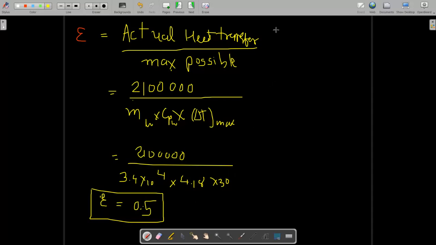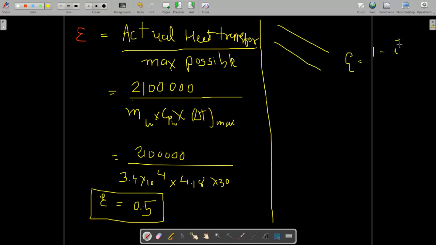Now there are different equations for different cases. For a parallel flow heat exchanger, effectiveness is equal to 1 minus e raised to minus (1 plus NTU)... and for a balanced counter flow heat exchanger, effectiveness is equal to NTU upon NTU plus 1.